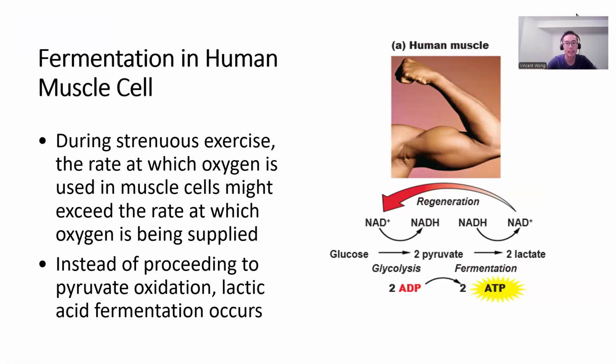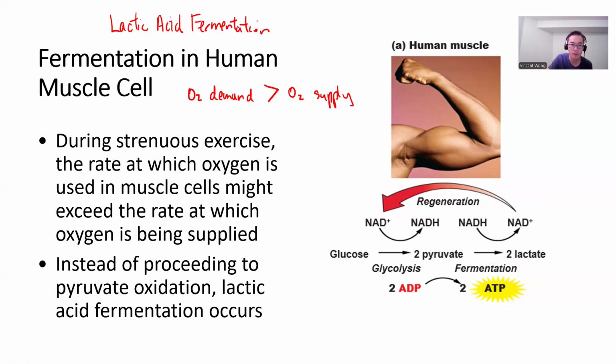So in muscle cells, when the oxygen demand is greater than oxygen supply, the cell will switch to fermentation. The kind of fermentation that we do is called lactic acid fermentation.